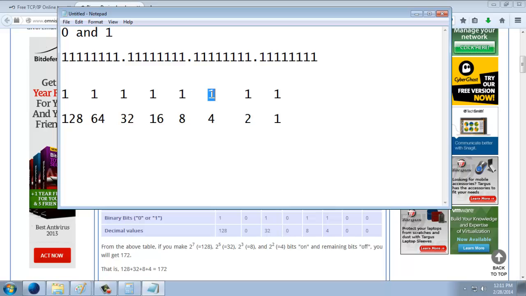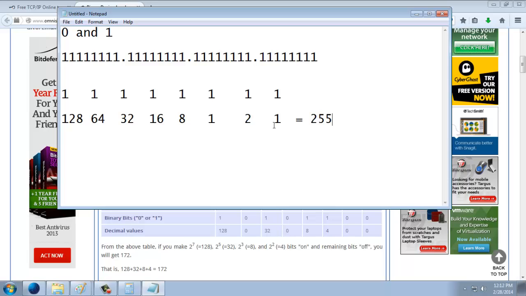If any bit was 0, we will keep the corresponding part here also as 0. Here it is 1, so we keep the corresponding number here as 1. So we have to sum up all these numbers. If you add all these numbers, we will get 255.